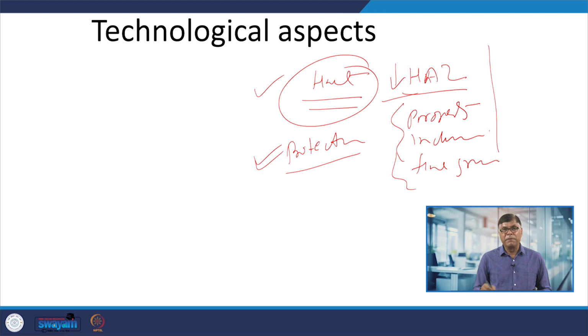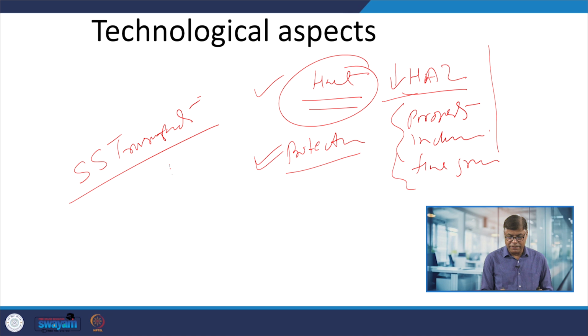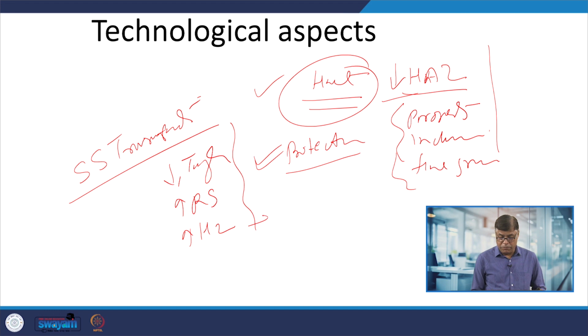Apart from that, there are many metallurgical failures or other technological aspects, like solid state transformations in the weld joints, which sometimes occur in such a way that they degrade the toughness, induce residual stress, incorporate hydrogen concentrations, and promote cold cracking in the weld zone.